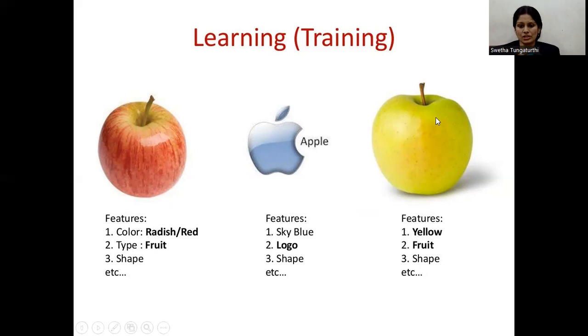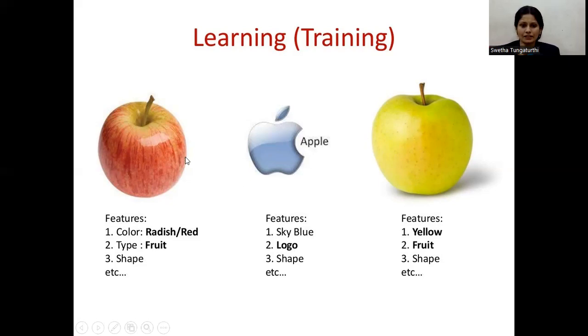And a few people can imagine an apple which is a logo, a brand, sky blue in color, with the shape of the apple logo symbol. So there are different kinds.